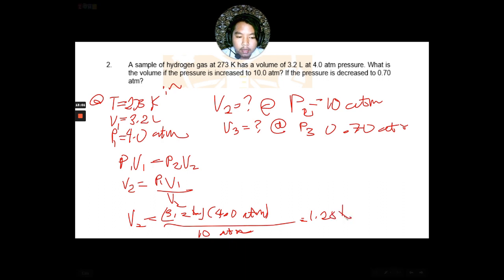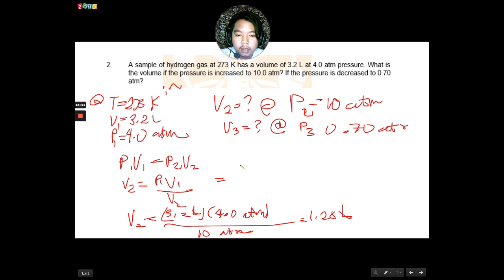Alright, second, if the pressure is 0.70 atm, I'll make this V3, but again, that's just the final pressure. Same formula, I'll just write it here to save time.